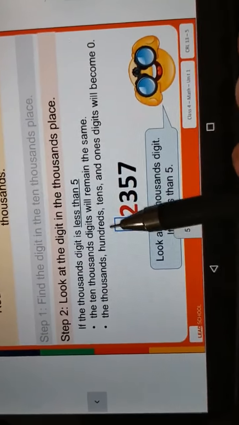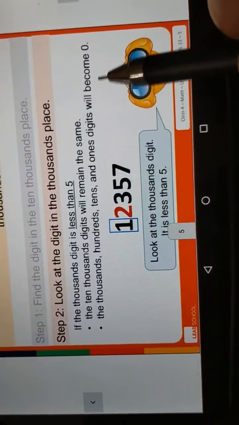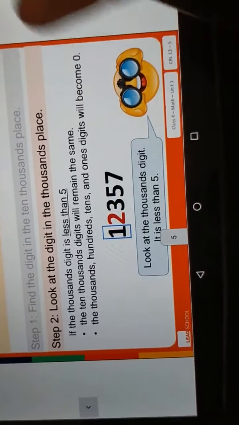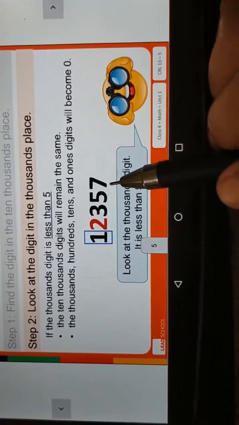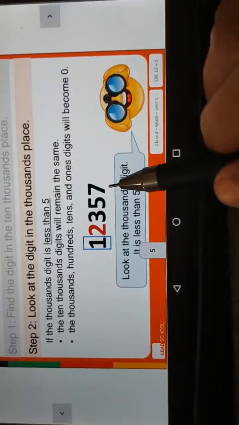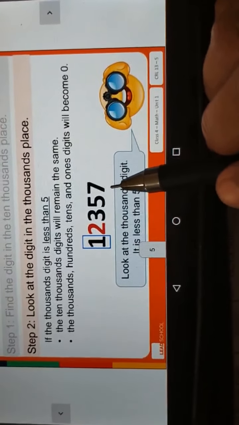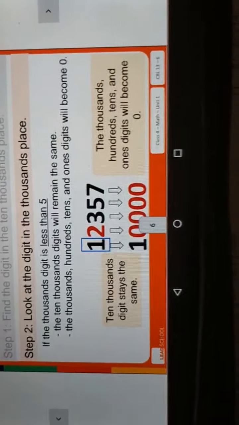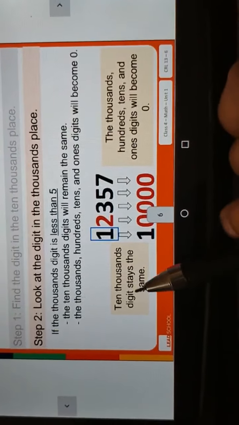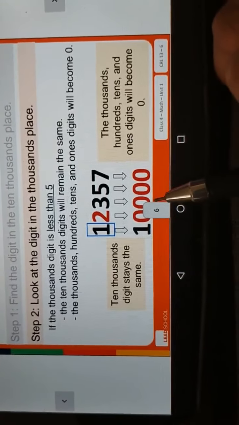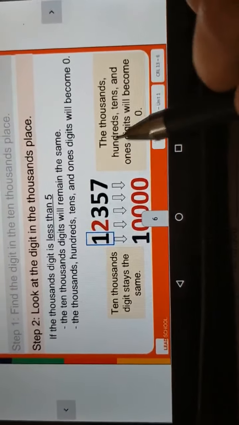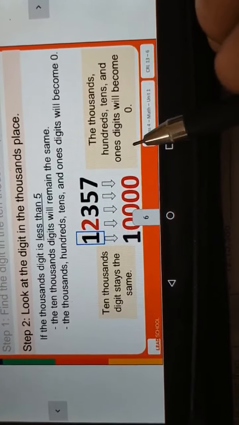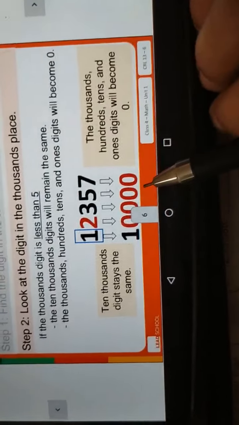The 1,000, 100, tens and ones digits will become 0. Now look here: 1, 2, 3, 5 and 7, 12,357. If we round it, the 10,000 digit stays the same, and the 1,000, 100, tens and ones digits will become 0.